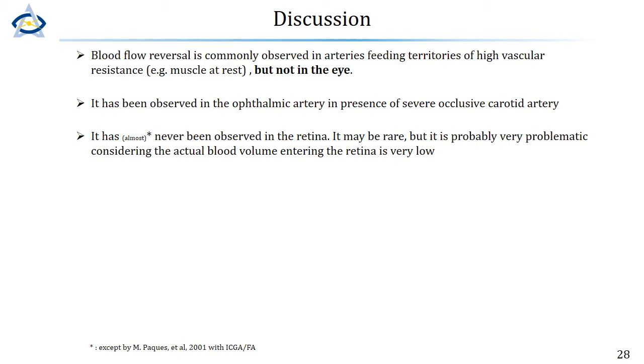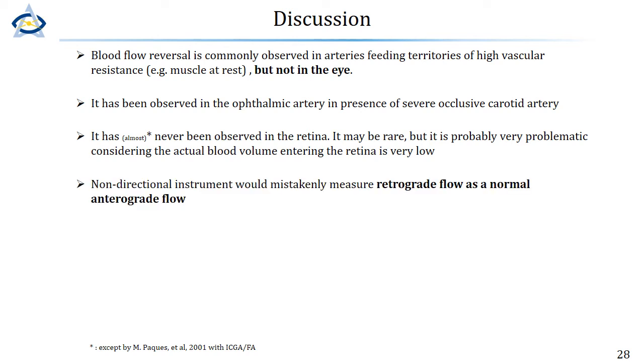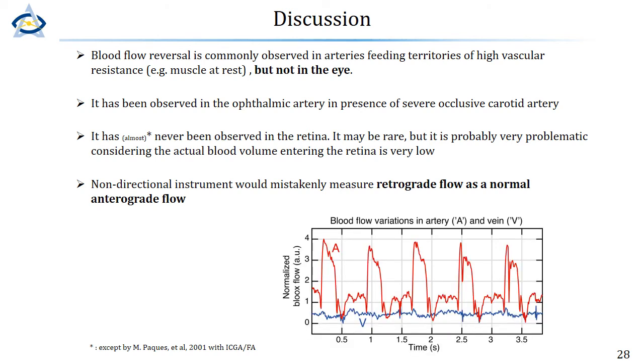It may be rare, and it's probably very problematic because the actual blood flow that enters the retina must be quite low, meaning that the retina is probably in ischemia. And the thing is that with a non-directional blood flow instrument, the retrograde flow would be mistaken as a normal blood flow.